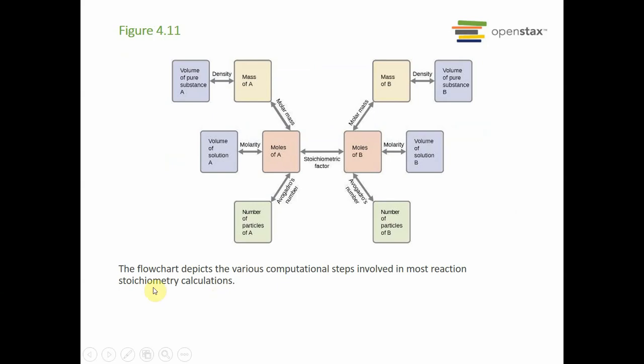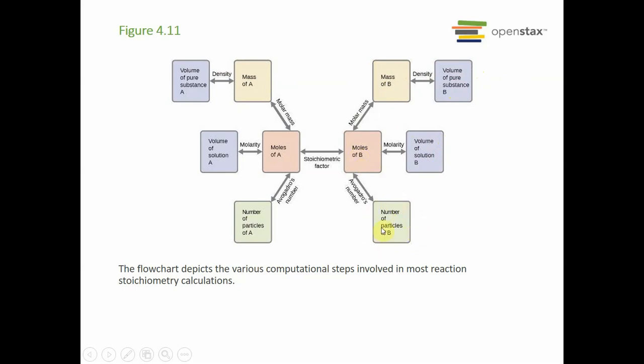Okay. The flowchart depicts the various computational steps involved in most reaction stoichiometry calculations. So you relate the volume of the substance to the mass of the substance, from the mass of the substance to the moles of the substance, or you can have a volume of solution, and using its concentration, you can get the moles of the substance.